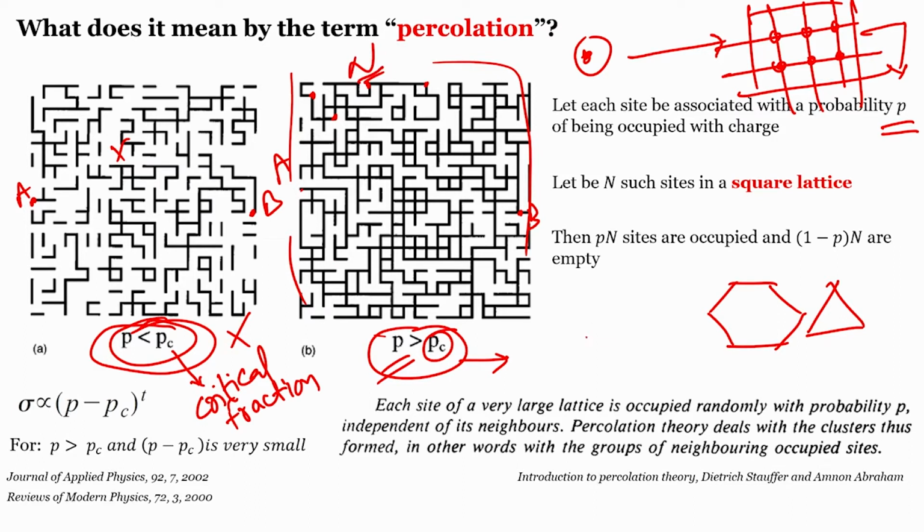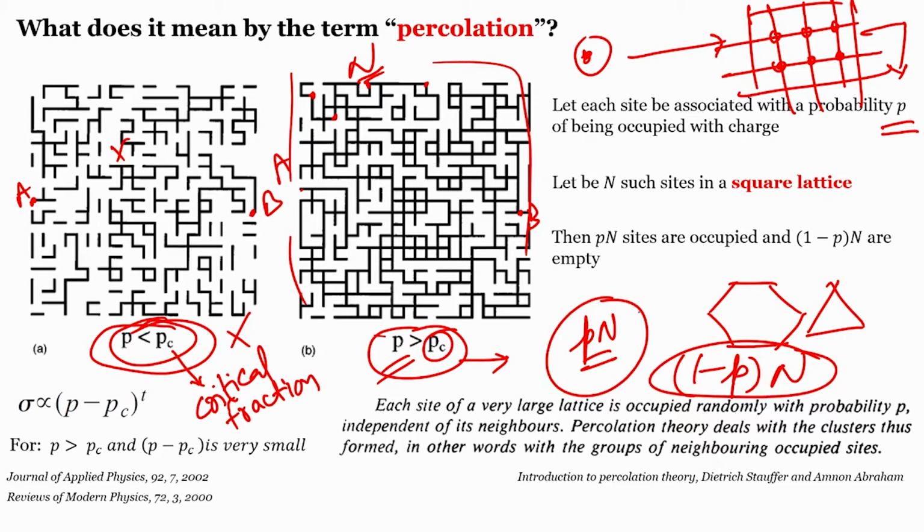It is simple probability math, which is P into n. And then how many are vacant? It will be 1 minus P into n. So by knowing the probability and the number of sites, one can deduce the percentage fraction or PC at a given point in any such system.